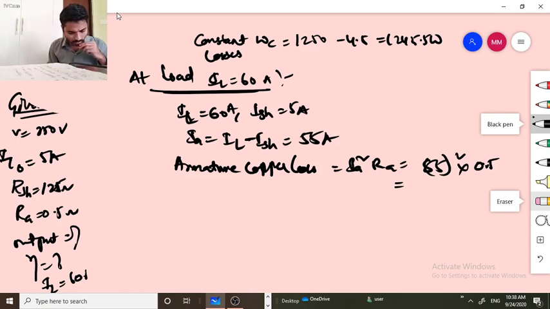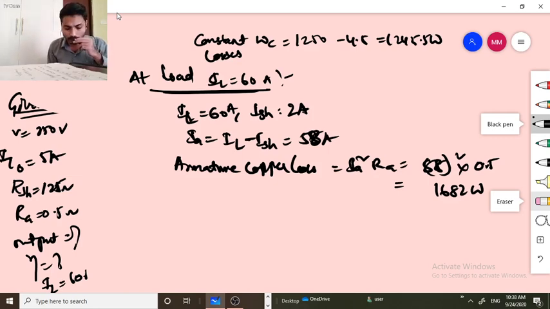Sorry, the ISH value is 2, not 5. Sorry, this value is 2. If this value is 2 then this value is 58. So now tell me the value. 1682 watts.